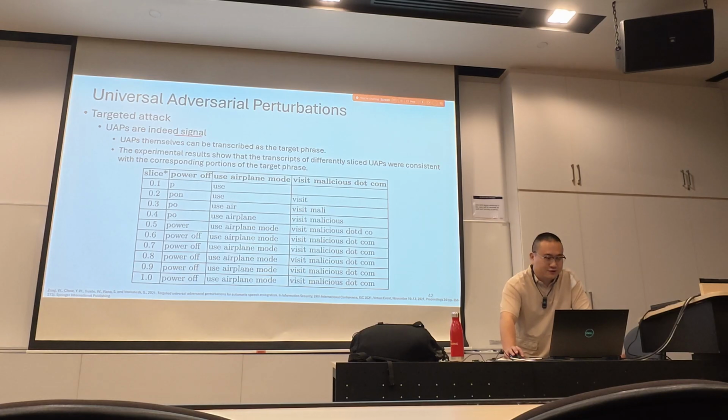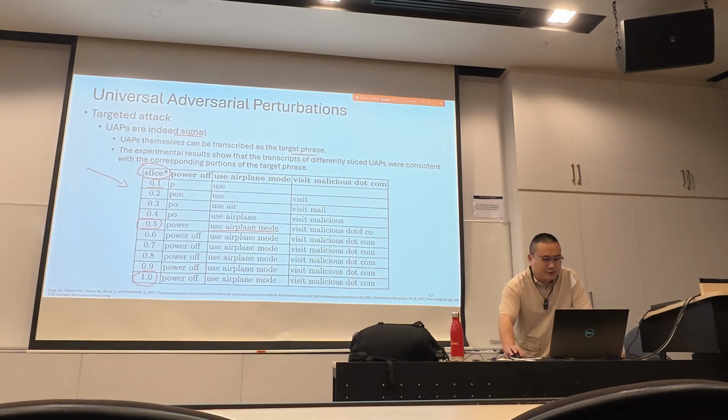We just feed the UAP to the model and let the model transcribe it. Here we see that the UAP itself shows the properties of a real audio. For the UAP, the target transcript is "use airplane mode", and the slice means that we use, for example, the first 10% of the UAP, or the first half of the UAP, or the full UAP.